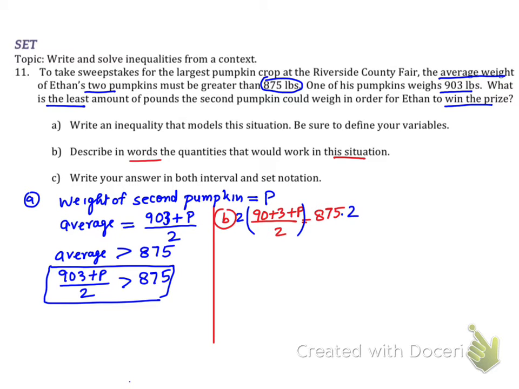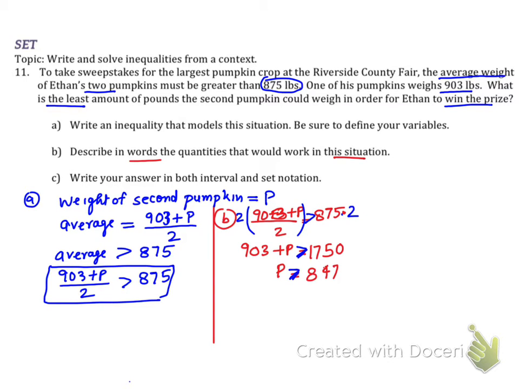I would be getting 903 plus P is greater than 875 times 2. You multiply that, 2 5s are 10, 2 7s are 14 and 1 is 15, 2 8s are 16 and 1 is 17. So 1750, and for P you subtract 903 from both sides, and you're going to get 847. But make sure of one thing: it was greater, so I have to keep the greater than symbol here, not equal.